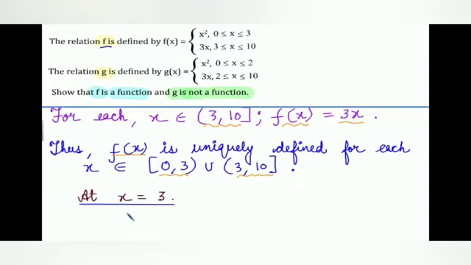So at x equal to 3, f of x is equal to 3 square, that is 9.